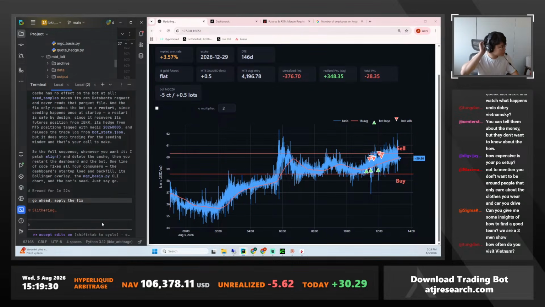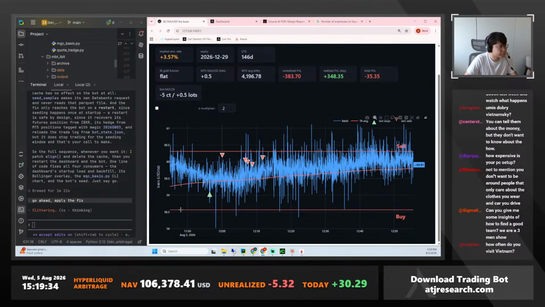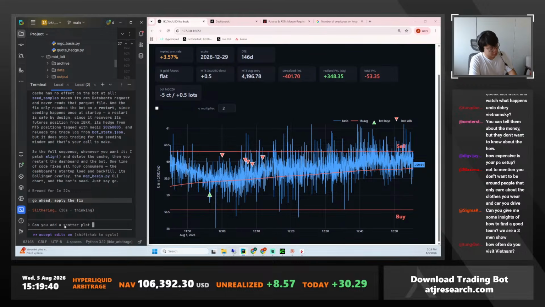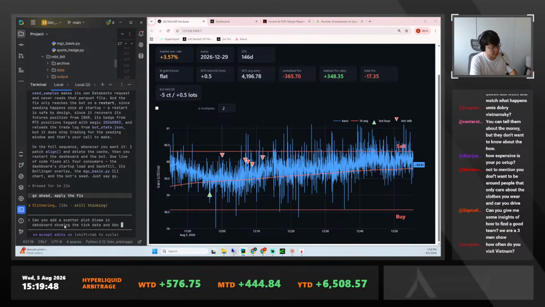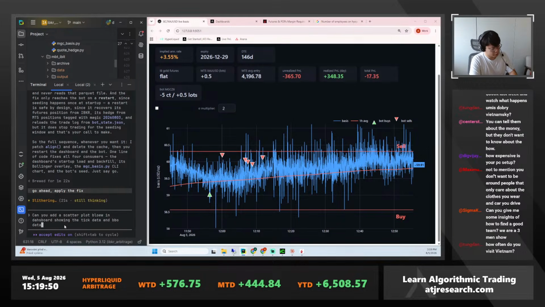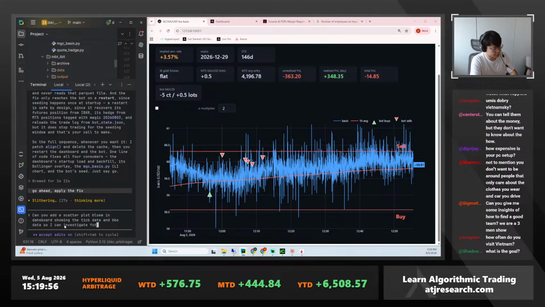Okay, go ahead and apply the fix. Can you add a scatter plot below in the dashboard showing the big data and BBO data so I can investigate further?